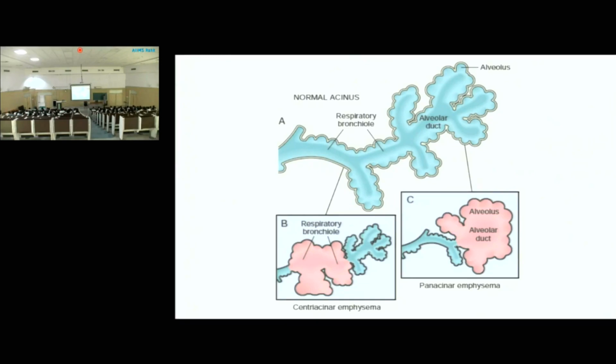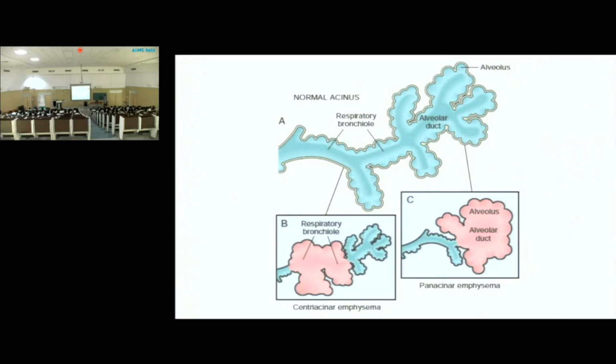Respiratory bronchiole followed by the alveolar ducts. And then there are alveolar sacs. So according to the site exactly where the obstruction occurs, it has different types.